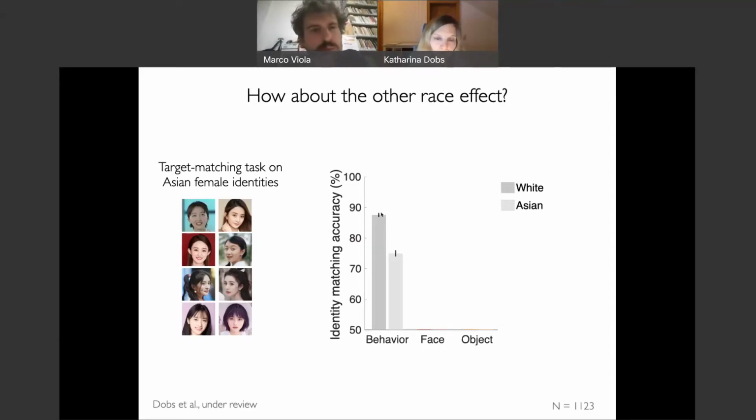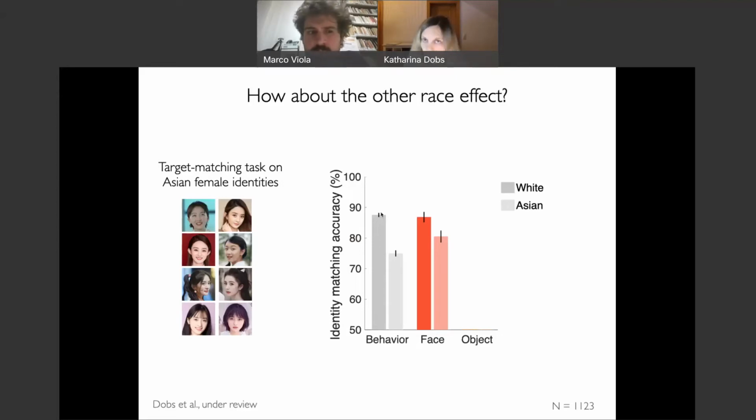How about our CNNs? In the face CNN, we see the same thing. So again, performance is lower on the Asian identities than on the white identities. And it's important to tell you that the datasets that the models are trained on, the face identity datasets, also have a strong bias: they're typically white identities and not so many identities from other races.